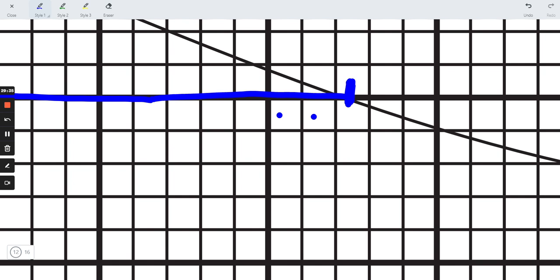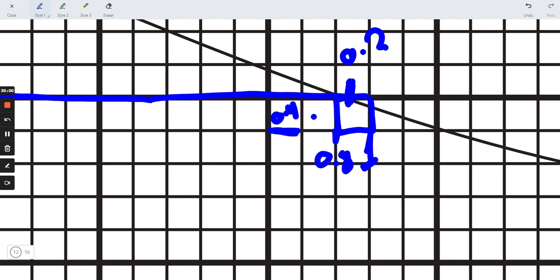Each square is 0.4, half of it is 0.2. From here to here is 0.4, and 0.4 and 0.4 gives 0.8. So 0.8 and 0.2 will be almost 1.